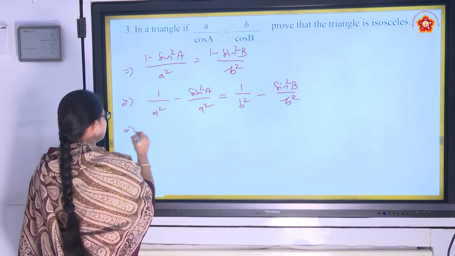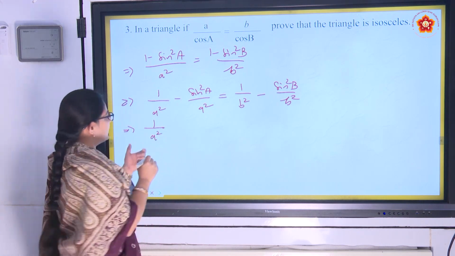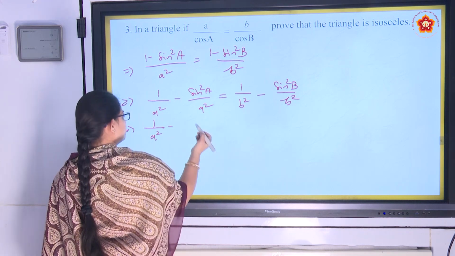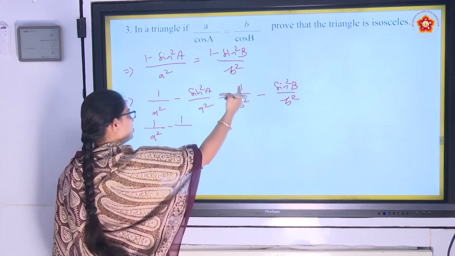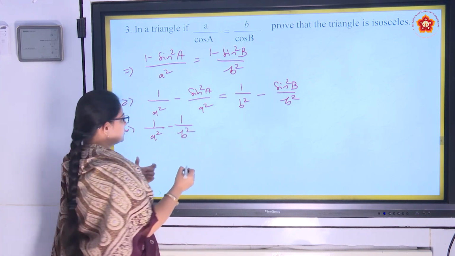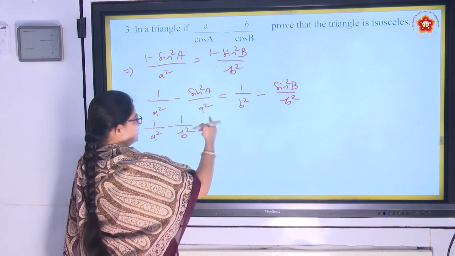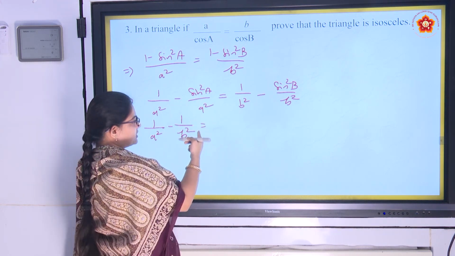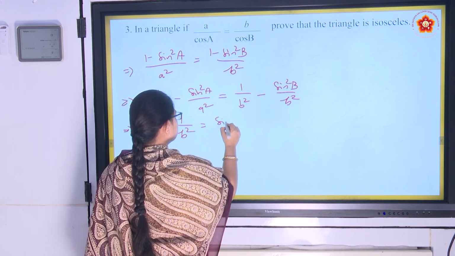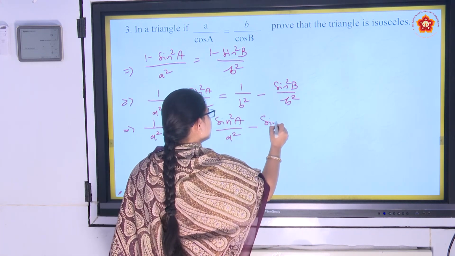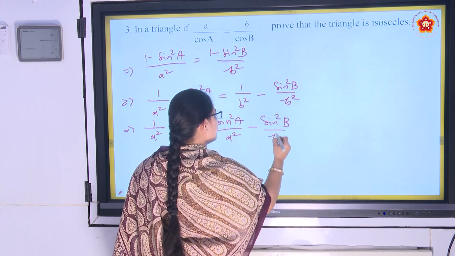Now 1 by a square keep on the left hand side itself. Take the 1 by b square to the left side from the right side, so we get minus 1 by b square here. And let us take the minus sin square A by a square to the other side. So we get plus sin square A by a square minus sin square B by b square as it is.